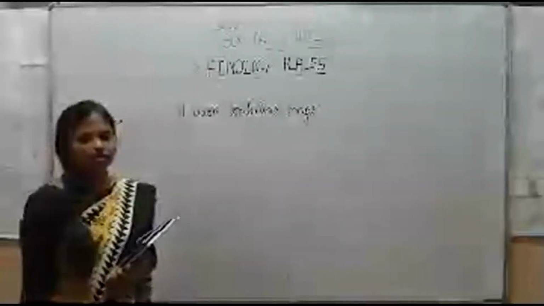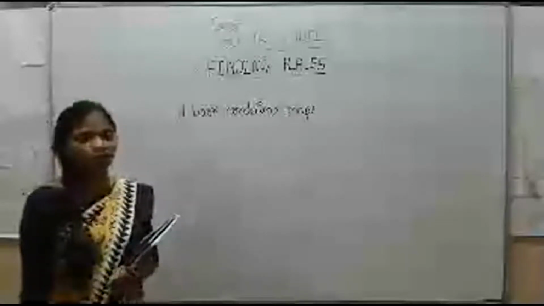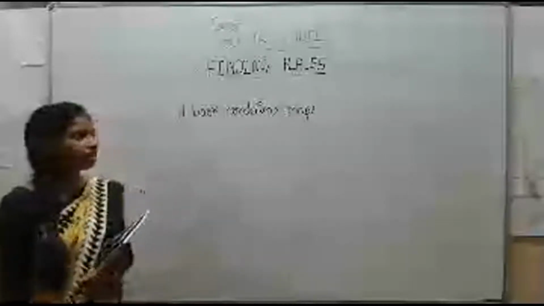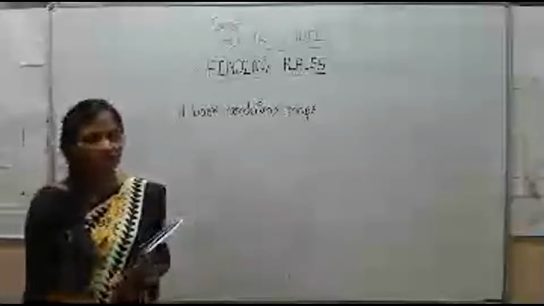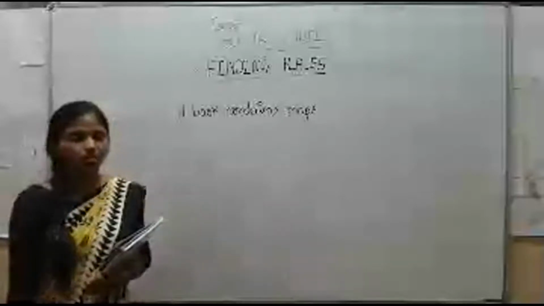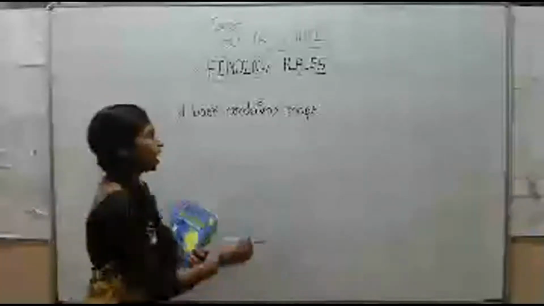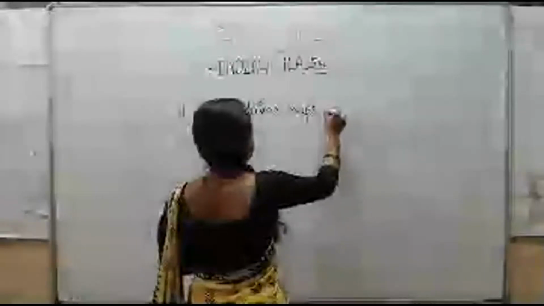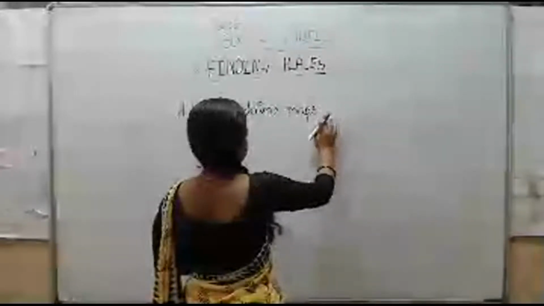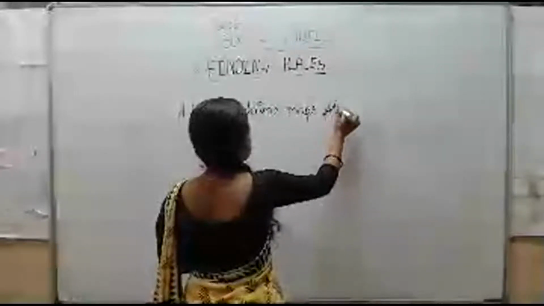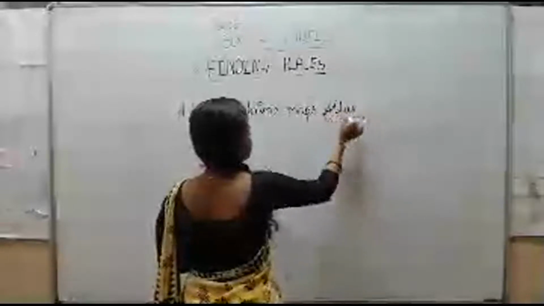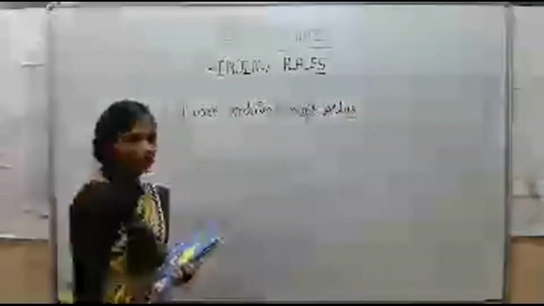So many varieties of maps are there. About that we are going to learn in the next standard. But the book which contains all these various types of maps is known as atlas.